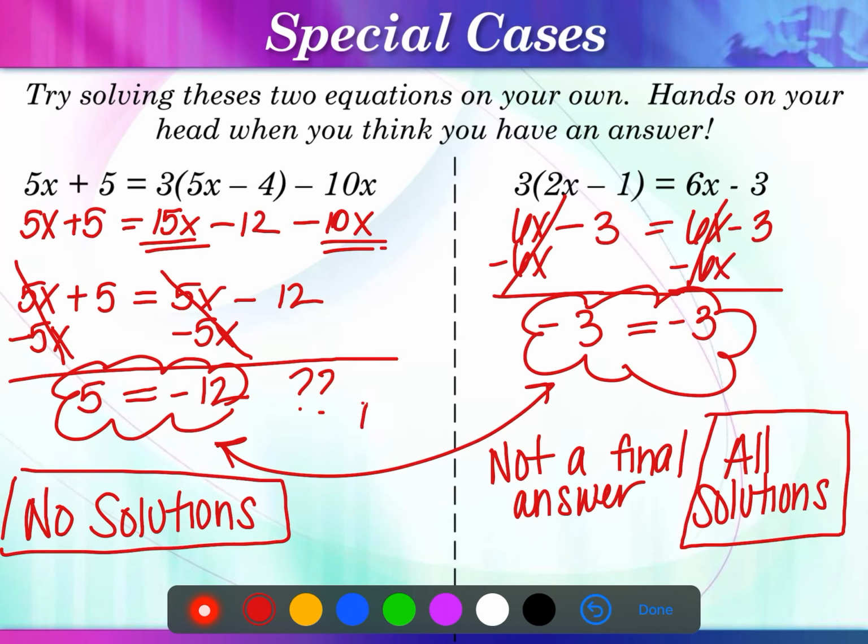Okay, because this is false, because 5 does not equal negative 12, and this guy is true. Okay, because negative 3 equals negative 3.